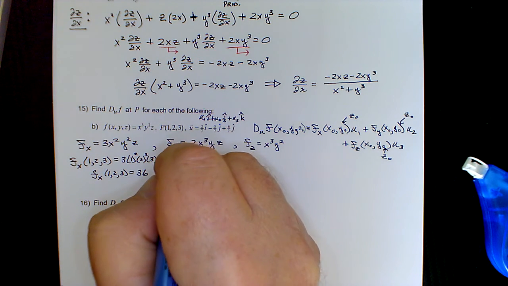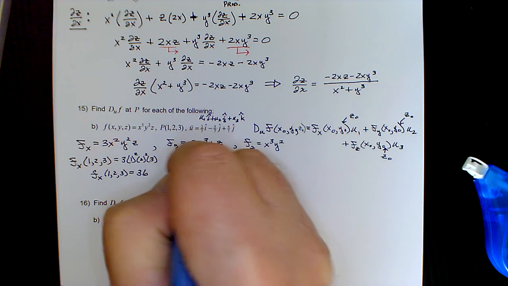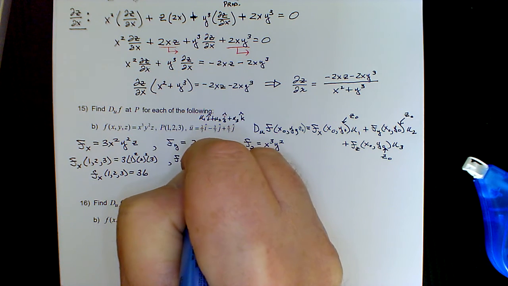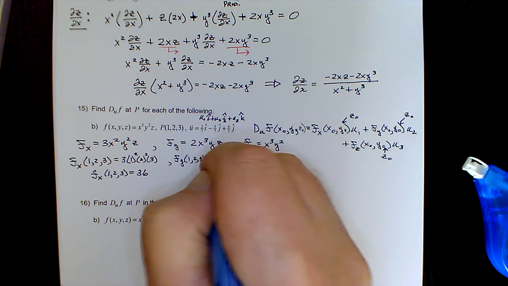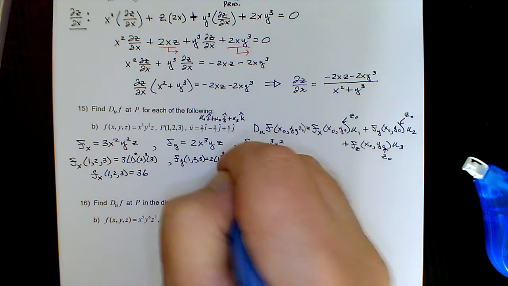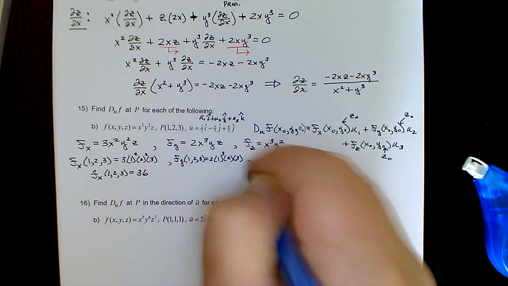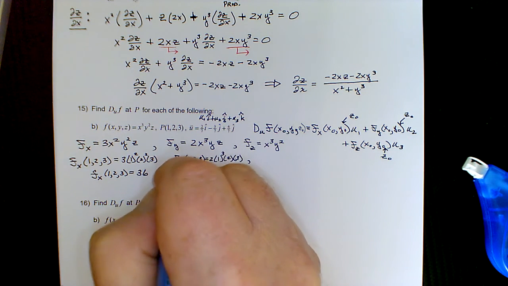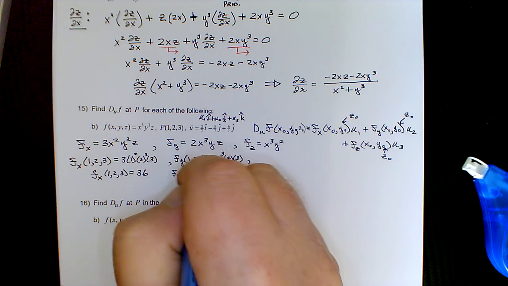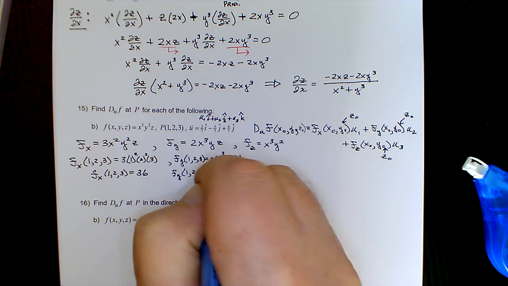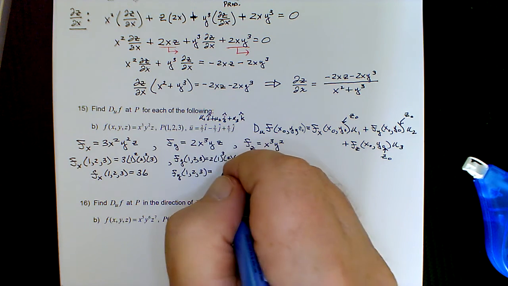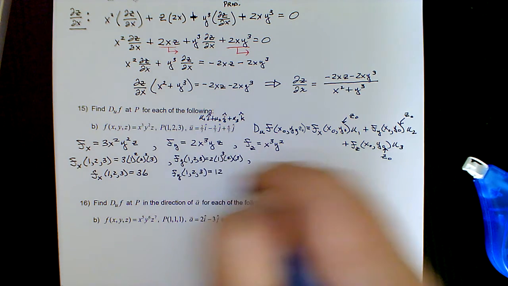For f sub y at the point 1, 2, 3, 2 times 1 cubed, y is 2, z is 3, and so f sub y at the point 1, 2, 3 is 12.